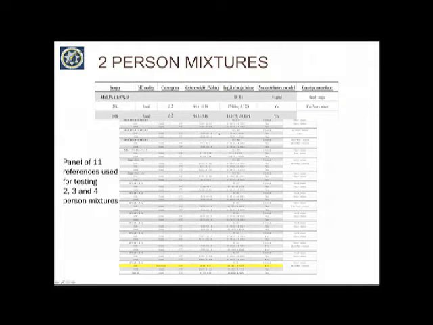And what I'd like you to notice here is when we look at the log likelihood ratio, you can see I have it indicated in terms of a hierarchy. The most major contributors listed first, and then as the contribution level reduces, they're listed after that.